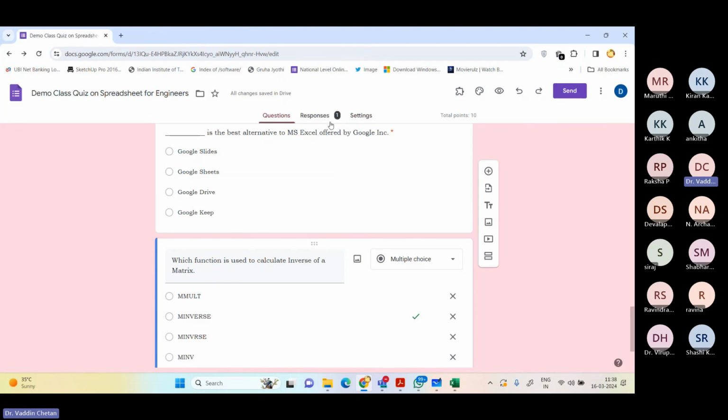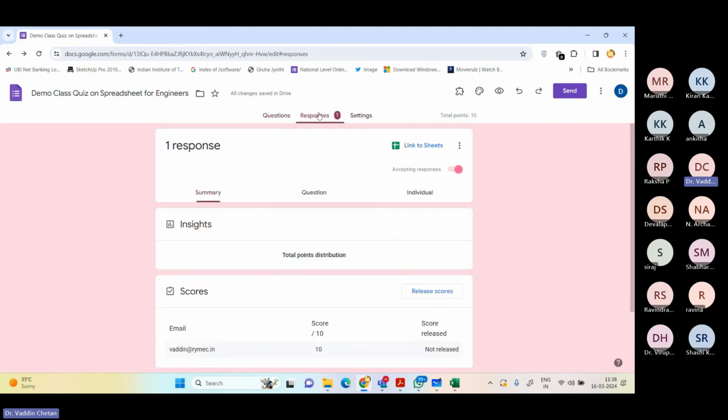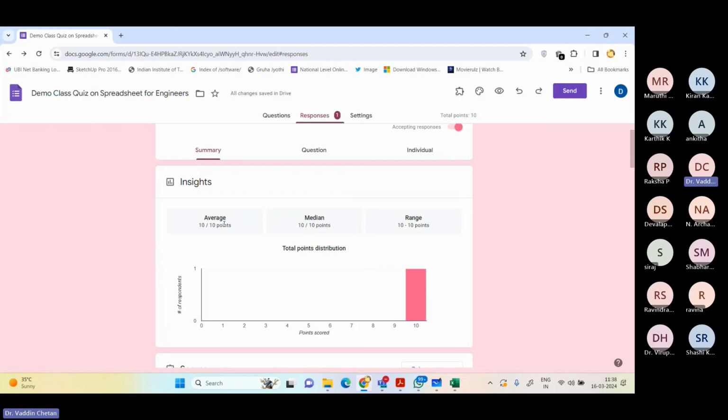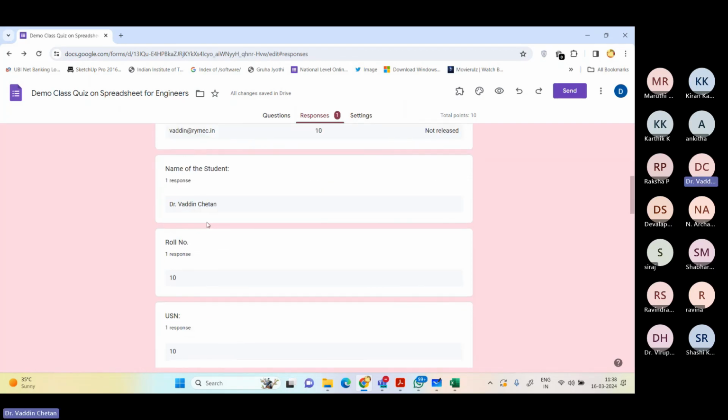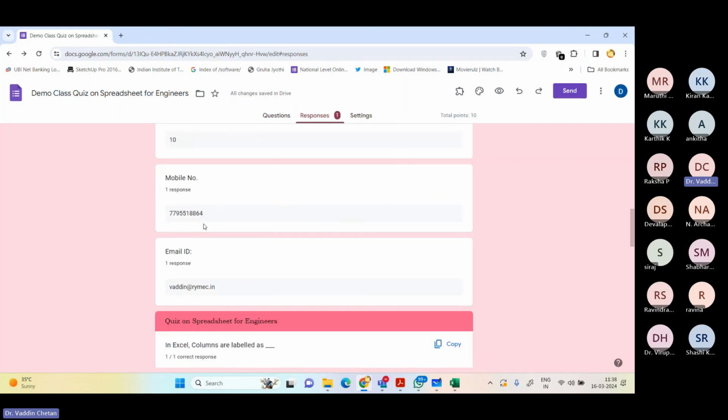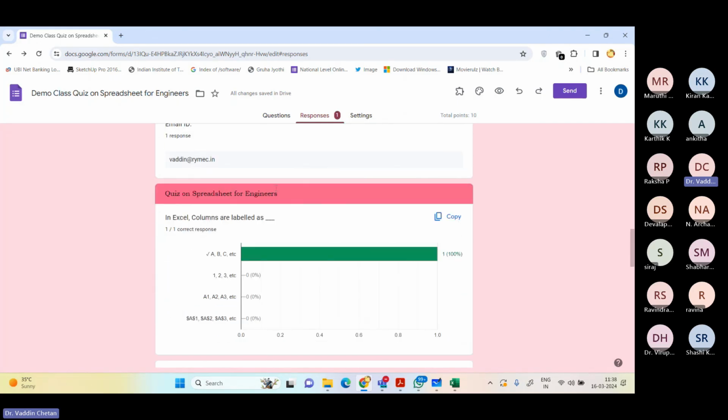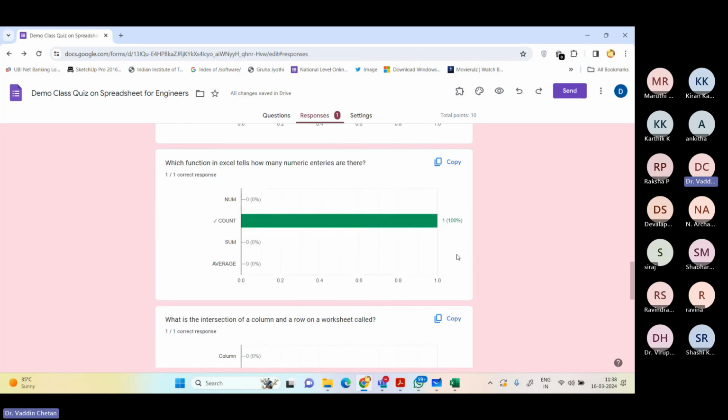Once it is done, here I can see the responses. Select that. In the summary I can see the average is 10 out of 10, and the median and range. And who has answered, that is your name, roll number, everything I will get, and here I will get the statistics. For this question, this is the correct answer, 100%.